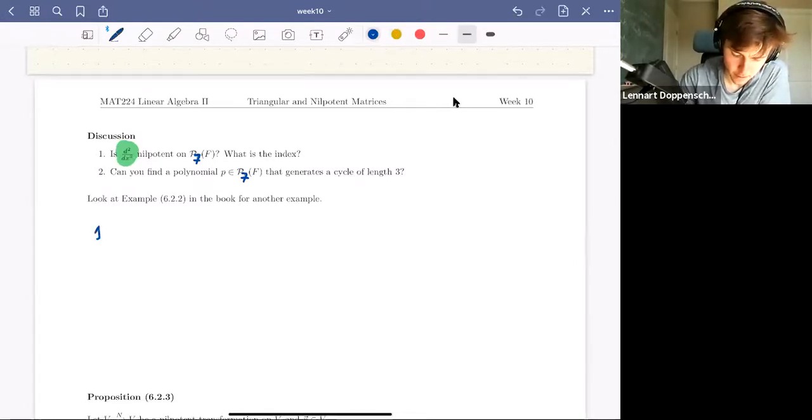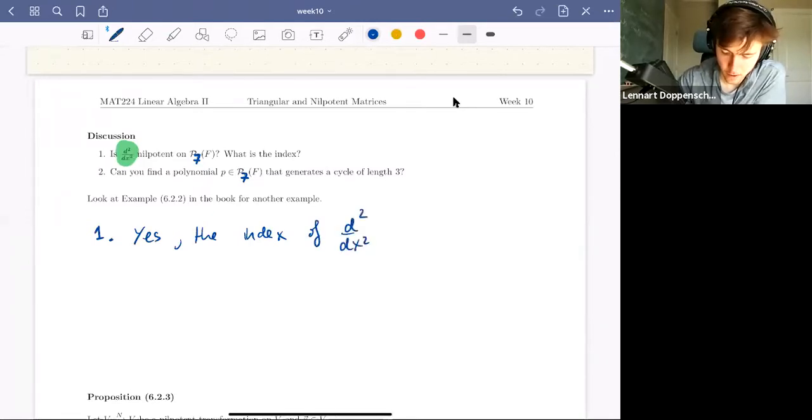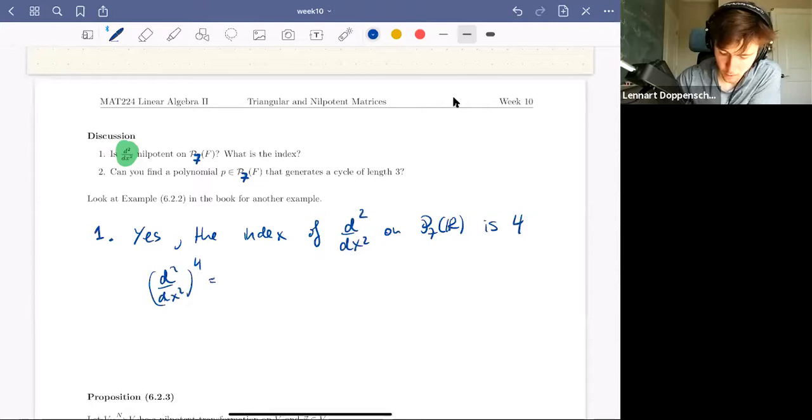So let me answer this here. Yes. And exactly. So the index of d squared by dx squared on P_7 of R is 4, because if we apply this 4 times, then we have (d²/dx²)⁴ equal to d⁸/dx⁸.